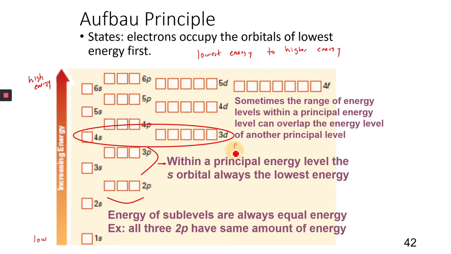So you fill the 4s before the 3d, even though it is a higher energy level, the actual energy of that sublevel is lower than the 3d. Remember, the more electron repulsions you have, the higher the energy. So there's a lot of electron repulsions going on in this 3d, which makes it slightly higher than the 4s.